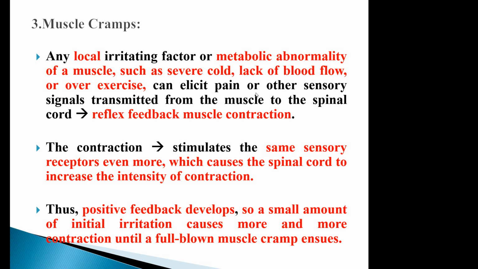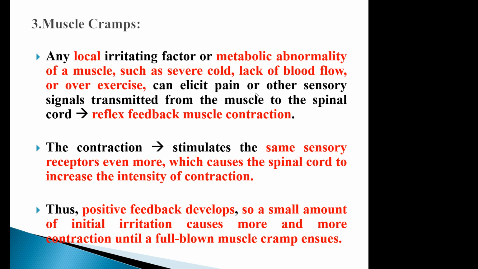Then we have muscle cramps. Any local irritating factor or metabolic abnormality of a muscle, such as severe cold, lack of blood flow, or overexercise, can elicit pain or other sensory signals transmitted from the muscle to the spinal cord. And they are going to lead to reflex feedback muscle contraction.